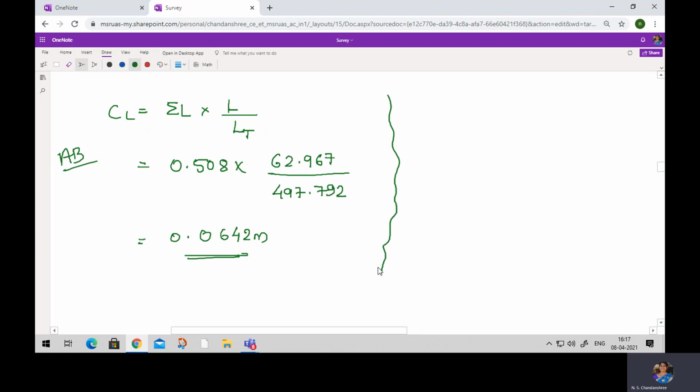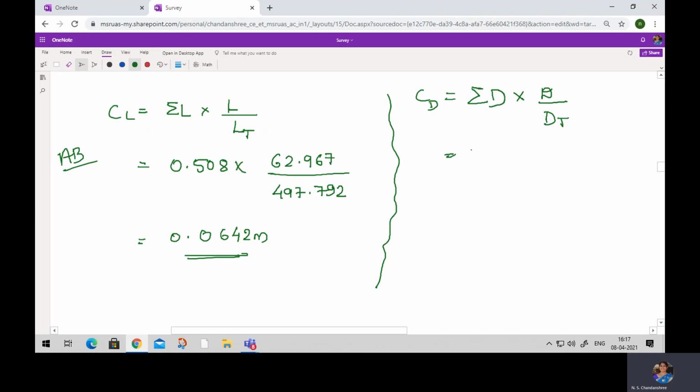Similarly, correction for departure. Correction for departure is given by same formula, that is total error in departure multiplied by departure of that line divided by arithmetic sum of all the departure.